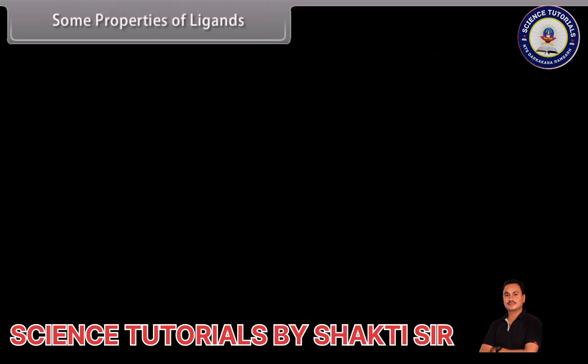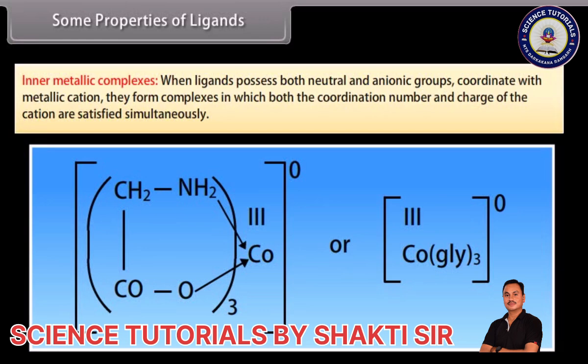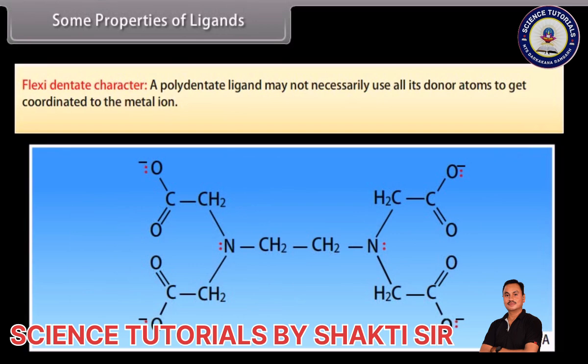Some properties of ligands. Inner metallic complexes. When ligands possess both neutral and anionic groups and coordinate with metallic cation, they form complexes in which both the coordination number and charge of the cation are satisfied simultaneously. Flexidentate character.